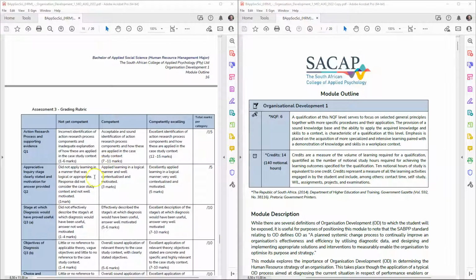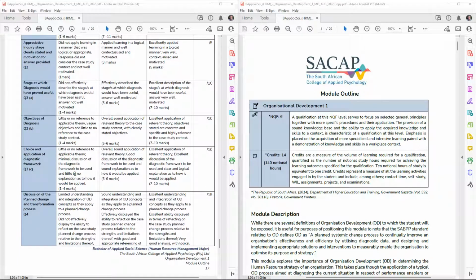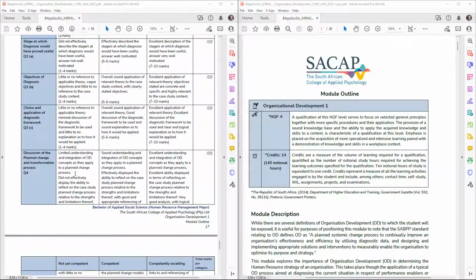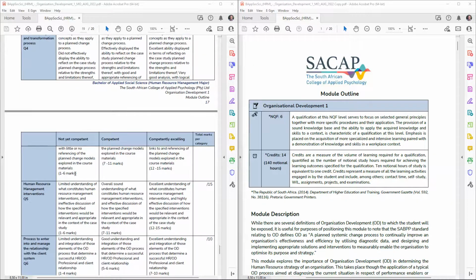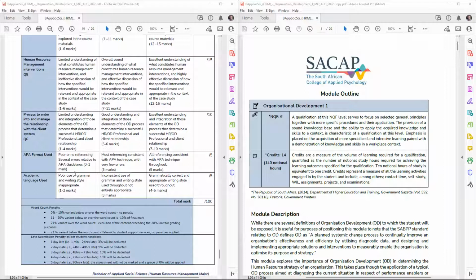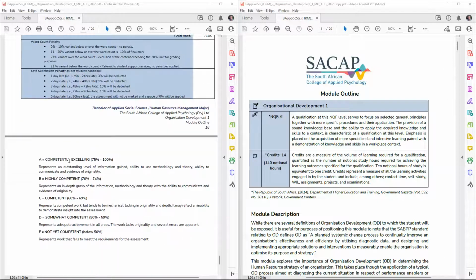The rubric is quite comprehensive and it deals with each of the questions and sub-questions, so you can see exactly what we're looking at in terms of the assignment when we grade them according to this rubric.